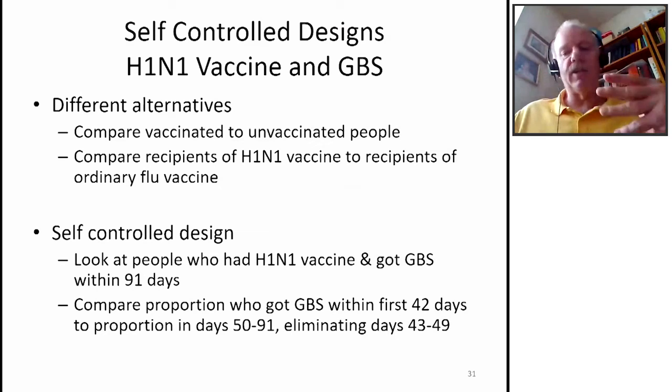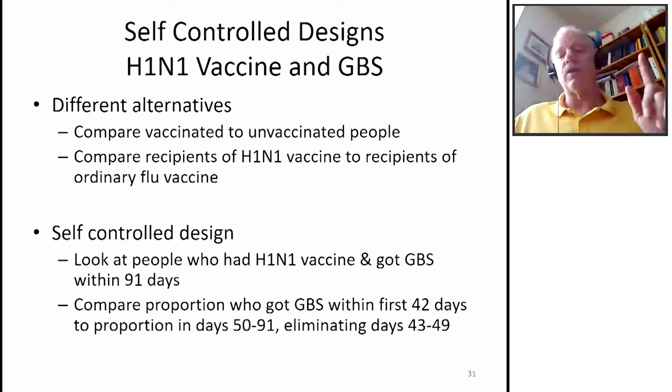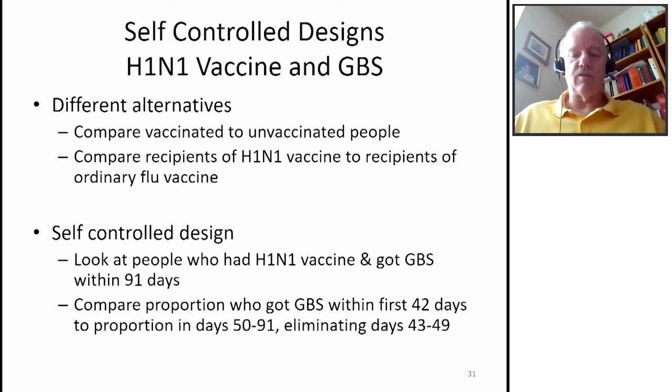If the vaccination did not cause the Guillain-Barré, we should not see a temporal association. Remember, we're looking at everyone who did get Guillain-Barré syndrome, and we just want to know, was it within the first 42 days after getting the vaccination or not?